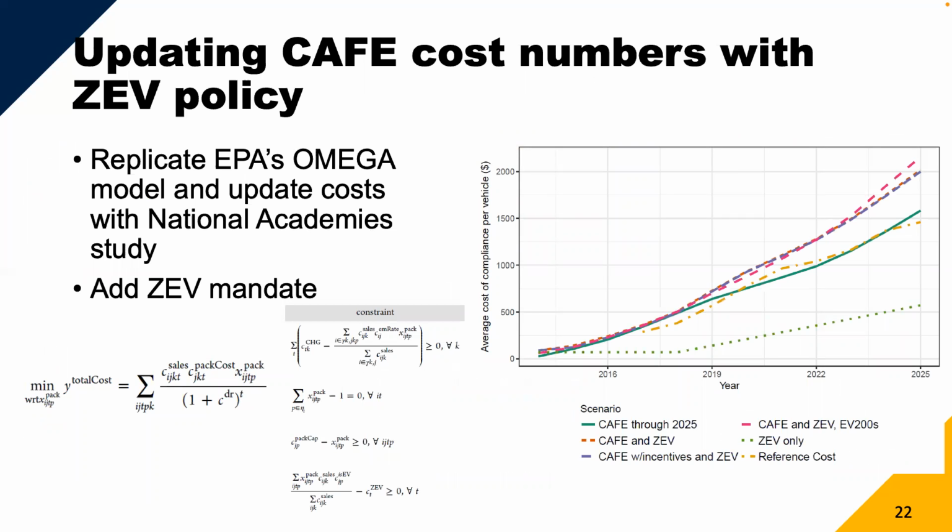This is work that I did where we replicated the EPA's Omega model and then input the updated cost from the National Academy study. The main purpose of this was to look at policy interactions, where we added in the California zero emission vehicle mandate.